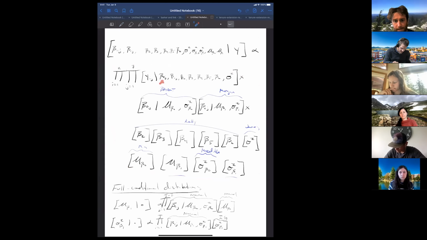So this has beta 0J, so we're going to include that. That means this has I and J, so we need both products. This has beta 0J, so this is what you missed here.